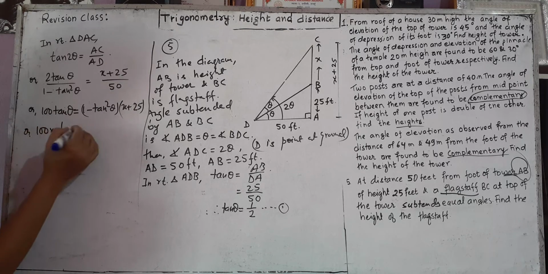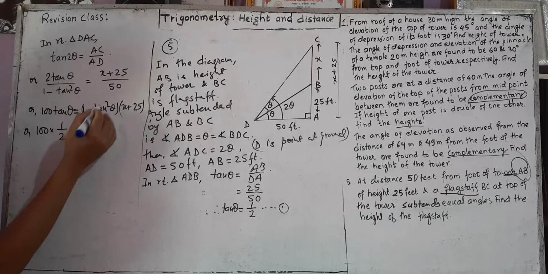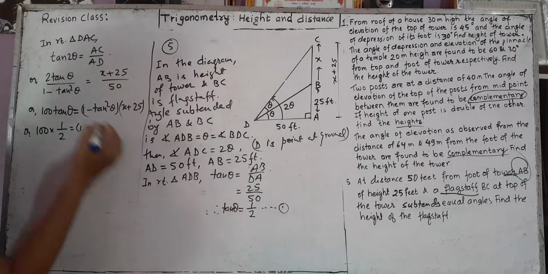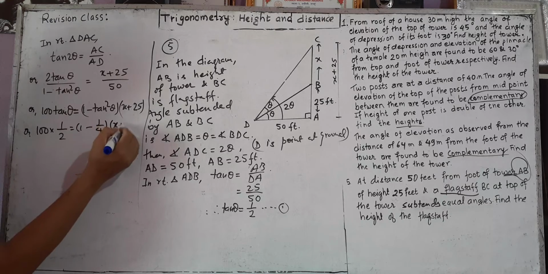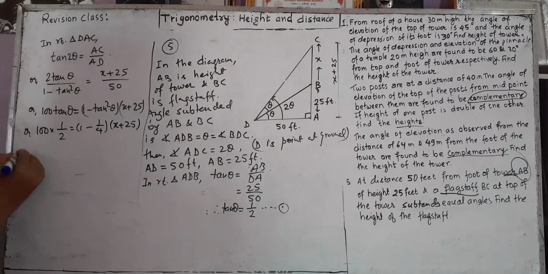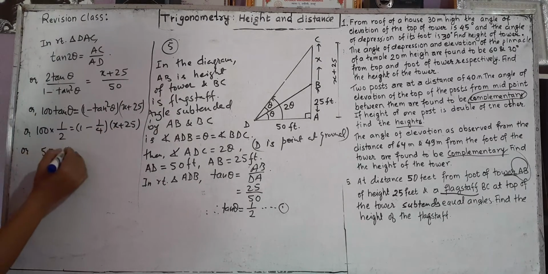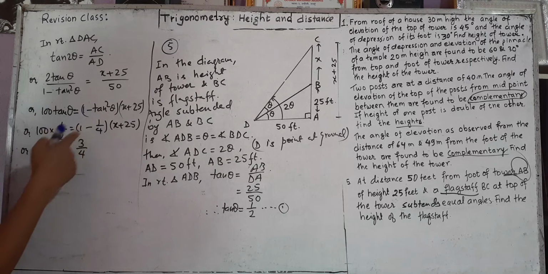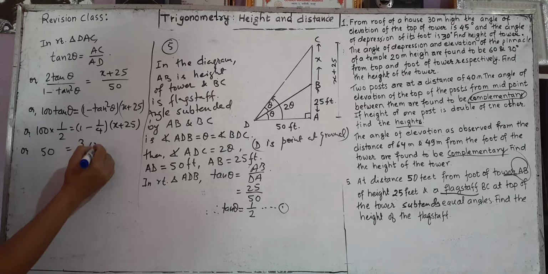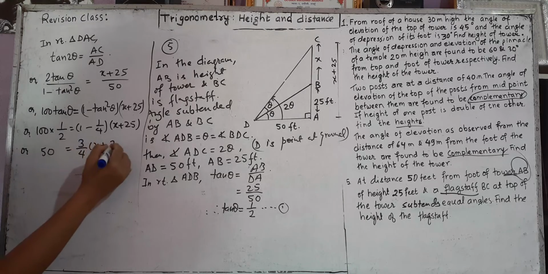100 times tan theta, which is 1 by 2, equals 1 minus the square of 1 by 2, that is 1 by 4, times x plus 25. So this is 50 equal to 3 by 4, 4 minus 1 is 3, times x plus 25.